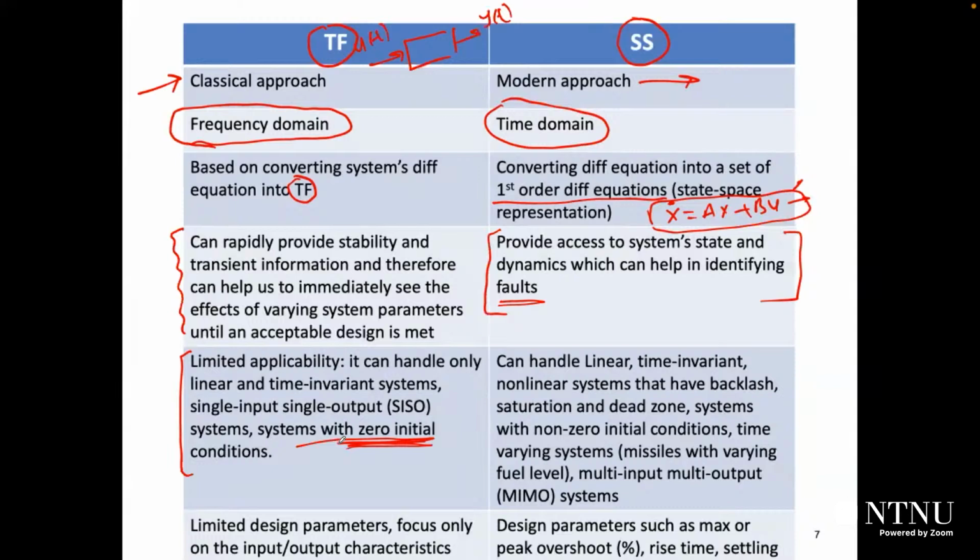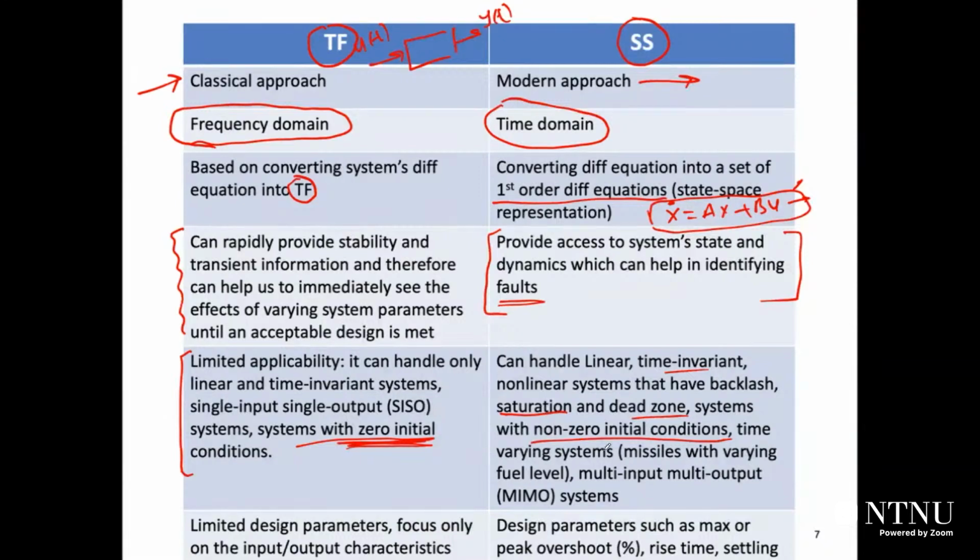But in case of state-based representation, it can handle all systems. It can handle linear systems, time invariant systems, nonlinear systems that have different types of nonlinearities, such as saturation and dead zone. It can deal also with systems with non-zero initial conditions, right?